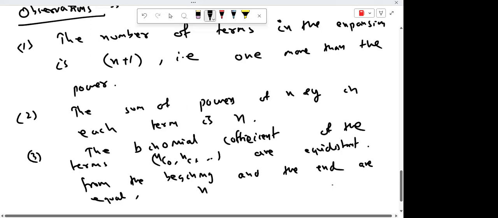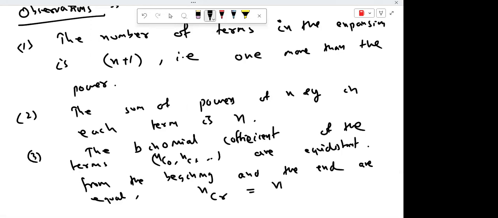Okay, that means nCr equals nC(n minus r). Note it down and I'll explain the last one.